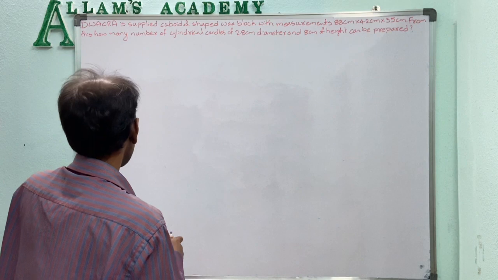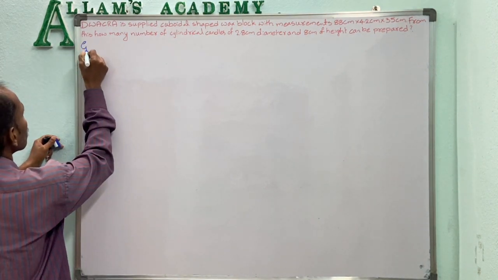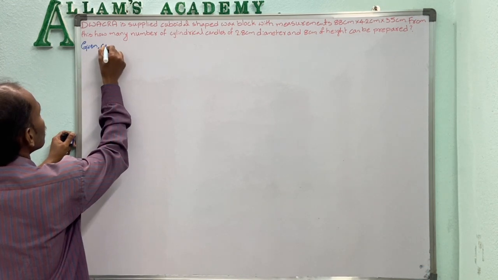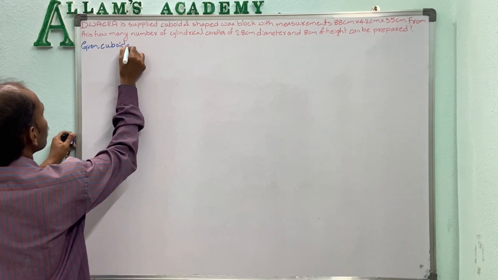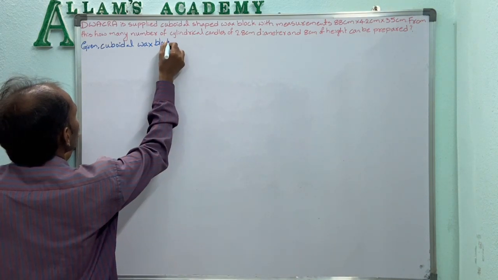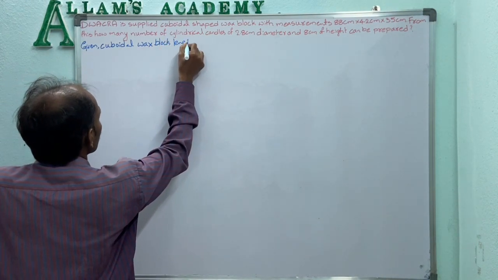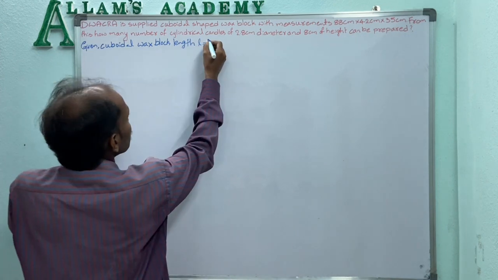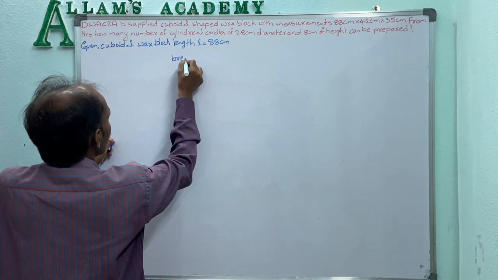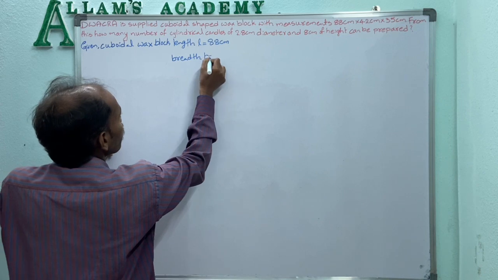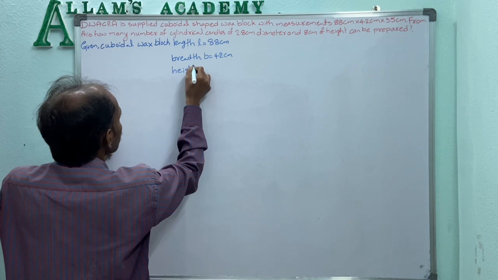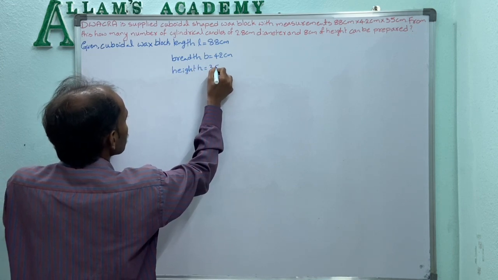Okay. So the given cuboidal wax block: length L equal to 88 centimeters given, breadth B equal to 42 centimeters and height H equal to 35 centimeters.